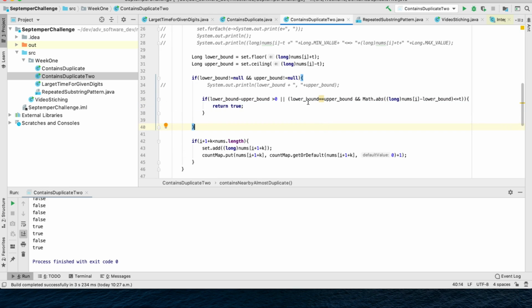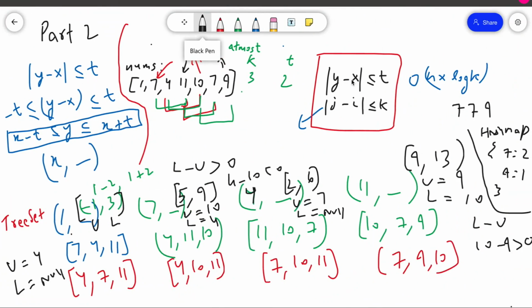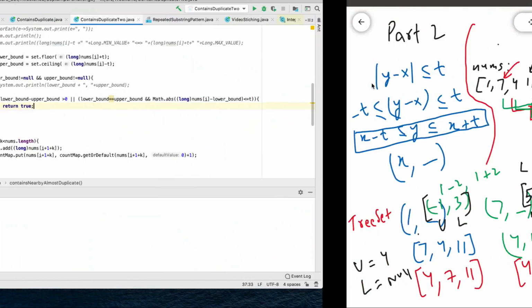Otherwise, I'm also checking one more condition here. If the lower bound and upper bound are equal, then I'm checking using the normal method, whether this constraint is satisfied or not.